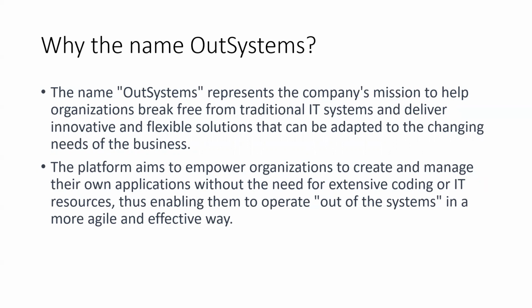Yeah, it is also giving the meaning of built for change according to business needs. The platform aims to empower organizations to create and manage their own applications without the need for extensive coding or IT resources, thus enabling them to operate out of the systems in a more agile and effective way. So it is also using the agile approach.